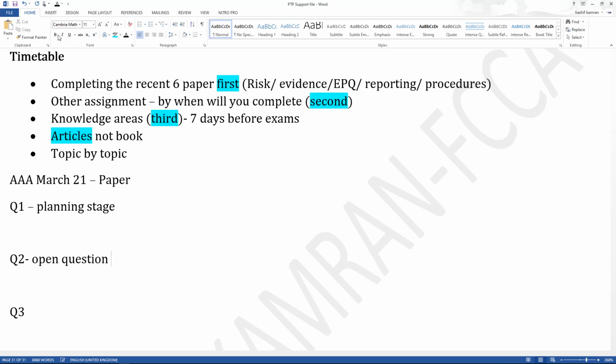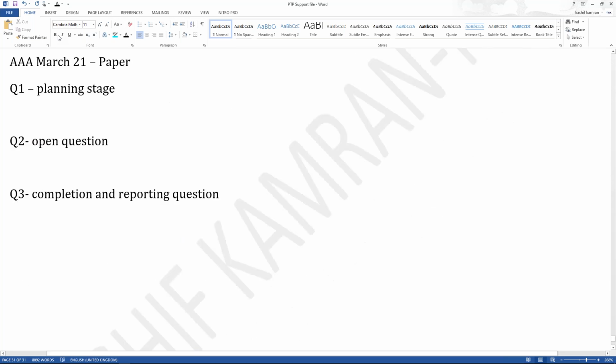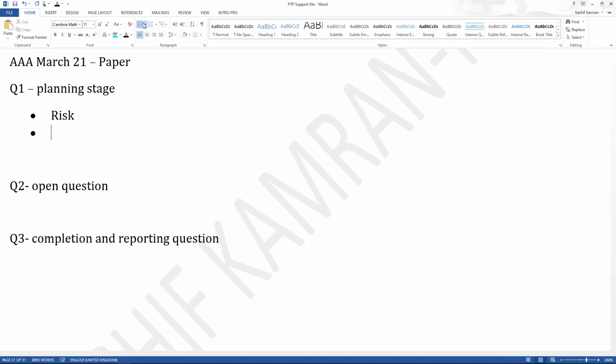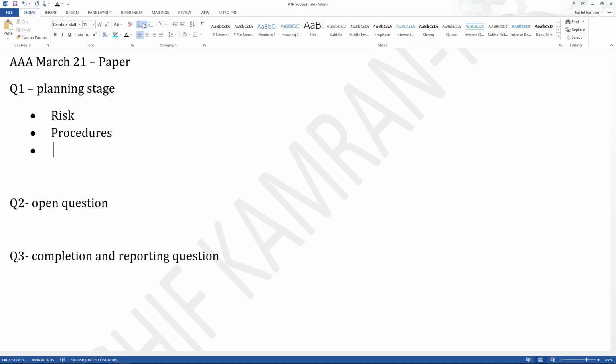The format has had a vice versa element, and question number three has become a completion and reporting question since the last two exam settings. At the planning stage, I need to be good on risk, procedures, and ethical and professional issues. Quality control issues don't come at the planning stage.